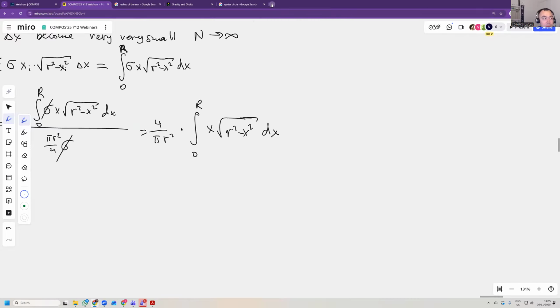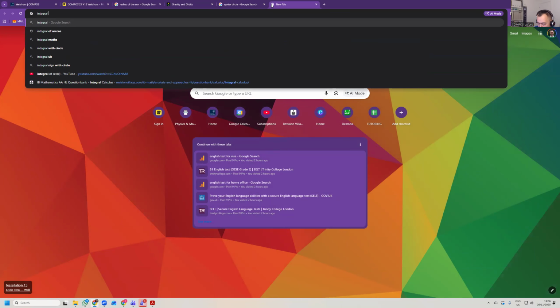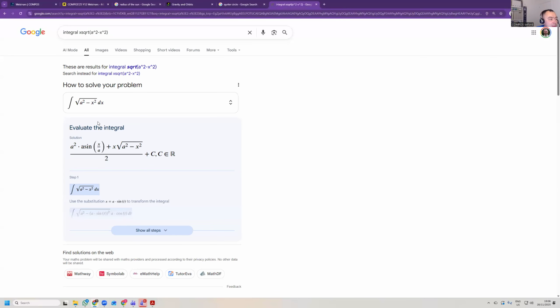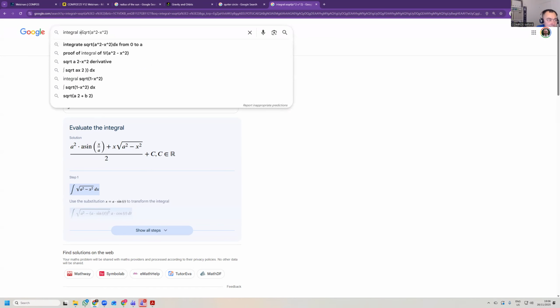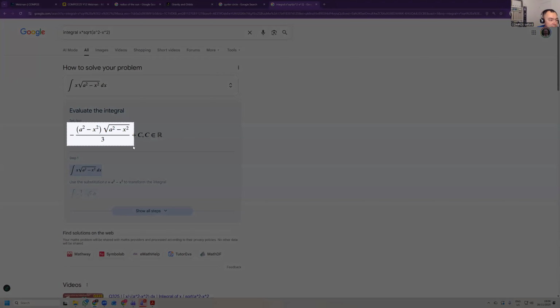Do try to do them, of course, but if you don't know how to integrate the integral of x square root of a squared minus x squared, and here it is. You can use that result, or let me integrate it. Honestly, we're running out of time, but it's going to be this.